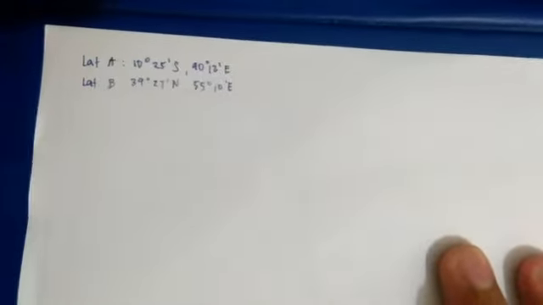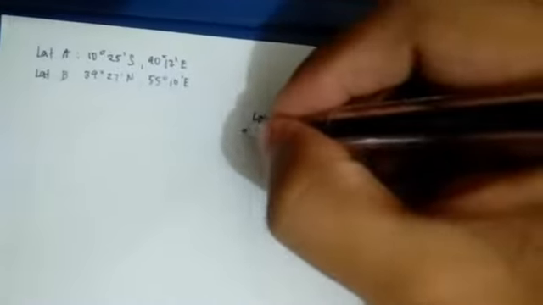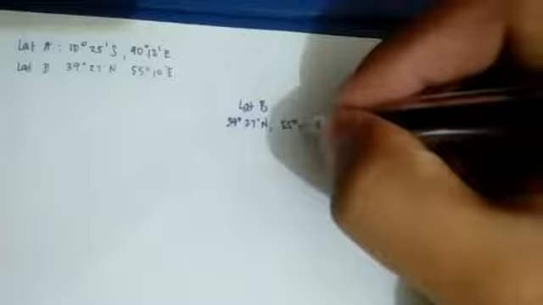Latitude A will be located here, which is 10 degrees 25 minutes south, 90 degrees 12 minutes east, and our latitude B, which is north, will be located here: north, 55 degrees and 10 minutes east. Then we will connect.